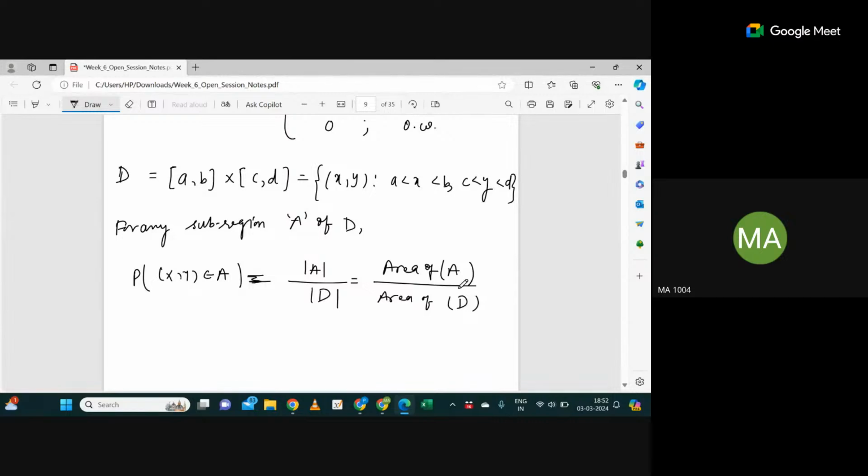Then suppose I ask what is the probability that the age of a person will lie from, let's say, 40 to 60. Then how will you find that? Since it's continuous, I can simply integrate throughout the region. Fine, this is something we can proceed with.